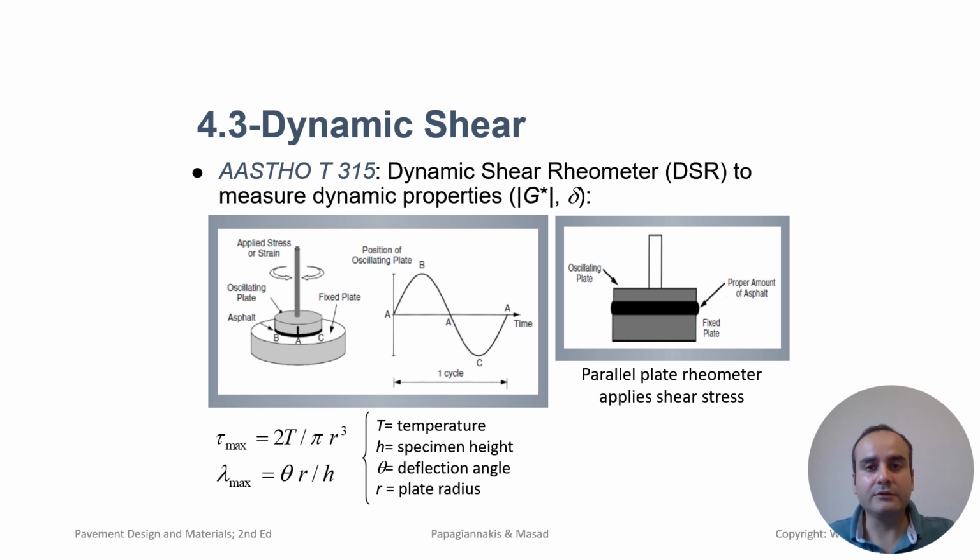The results are used in the performance grading system to classify binders based on their performance at high and intermediate temperatures. G star and delta, shear modulus and phase angle, help evaluate the binder's ability to resist rutting at high temperature and fatigue cracking at intermediate temperatures.